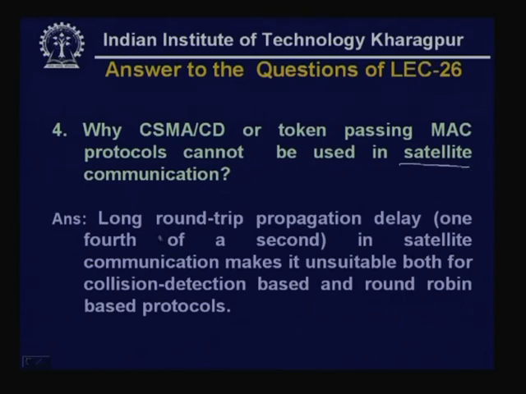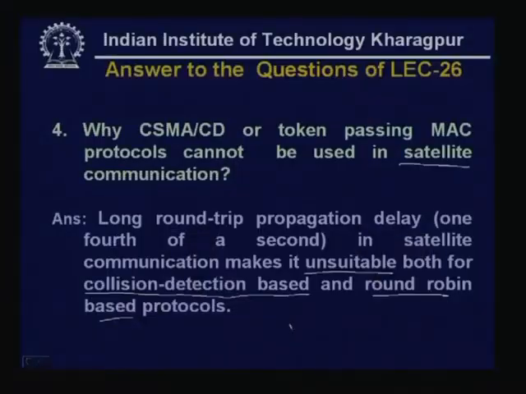The fourth question was, why CSMA/CD or token passing medium access control protocols cannot be used in satellite communication? As I have told, the long round trip propagation delay in satellite communication makes it unsuitable for both collision detection based and round robin based protocols. As we know, the delay here is about a quarter of a second. So, if a collision is detected by a ground station, that has happened a quarter of a second earlier.